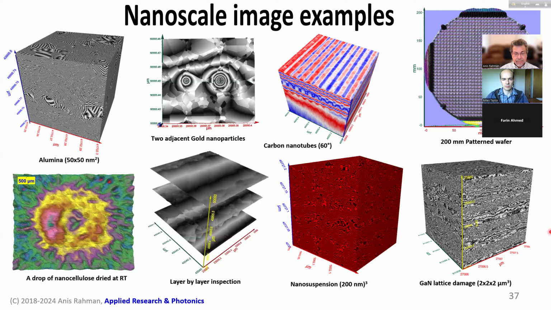And then a few layers of image of some other sample. Nanosuspension, which is nanoparticles in suspension. The red one, and the rightmost one, the gallium nitride lattice damage. Many of those things will be taken on their own at a later time.